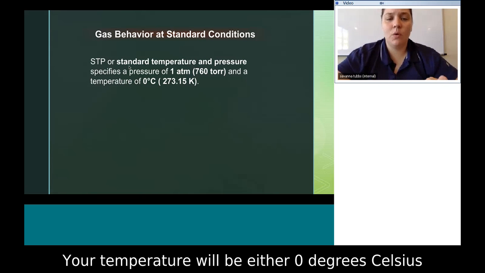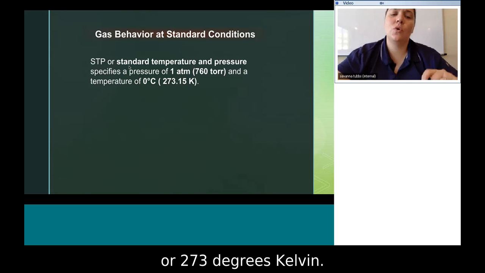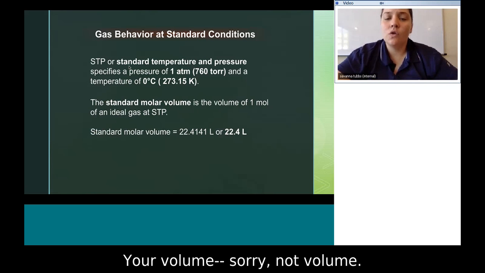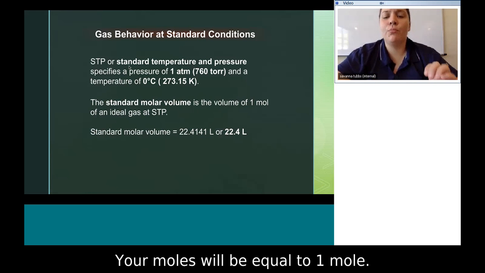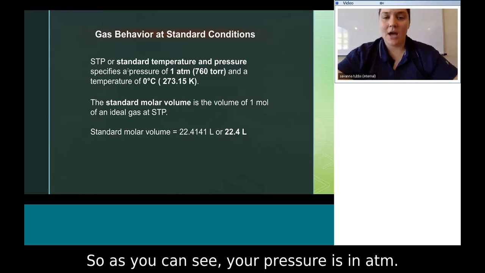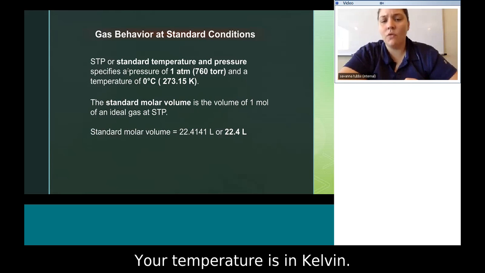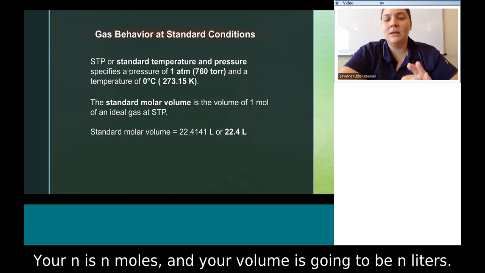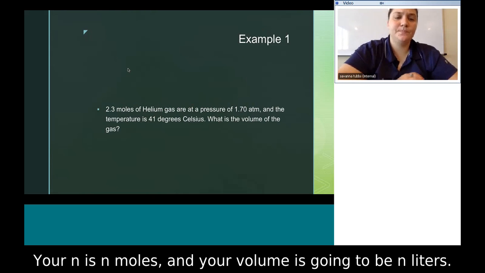Your temperature will be either 0 degrees Celsius or 273 Kelvin. Your moles will be equal to 1 mole, and your volume will be equal to 22.4 liters. As you can see, your pressure is in atm, your temperature is in Kelvin, your n is in moles, and your volume is going to be in liters.